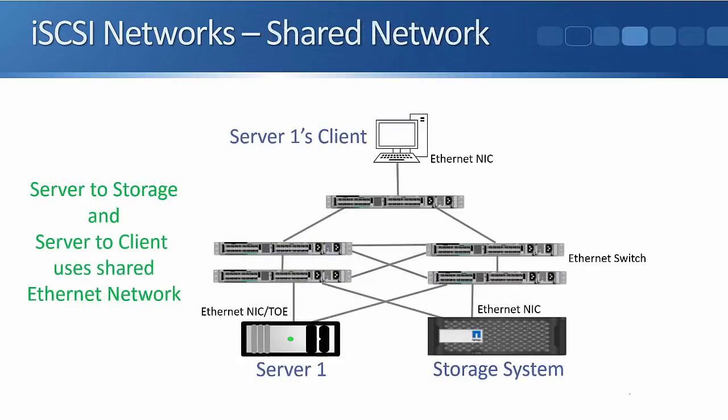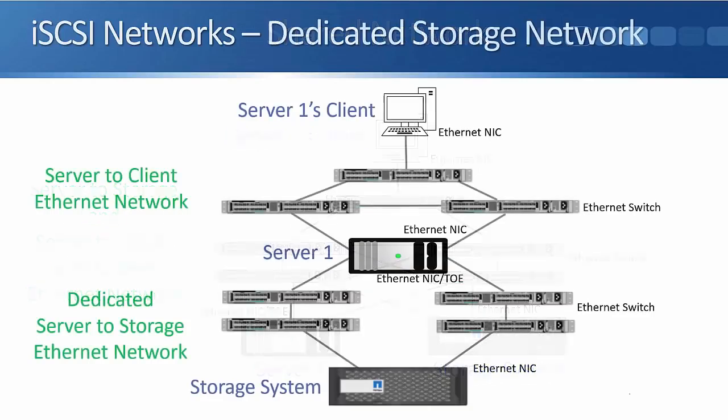If I go back to the previous slide, on the server, we've got 2 ports and we've got 2 cables that are connected to 2 switches. With the second option, on the server, we've now got 4 ports and 4 cables which are connected to 4 switches. So this second option is a more expensive way of doing it, but because we've now got this dedicated network for storage, that should give us more reliability.